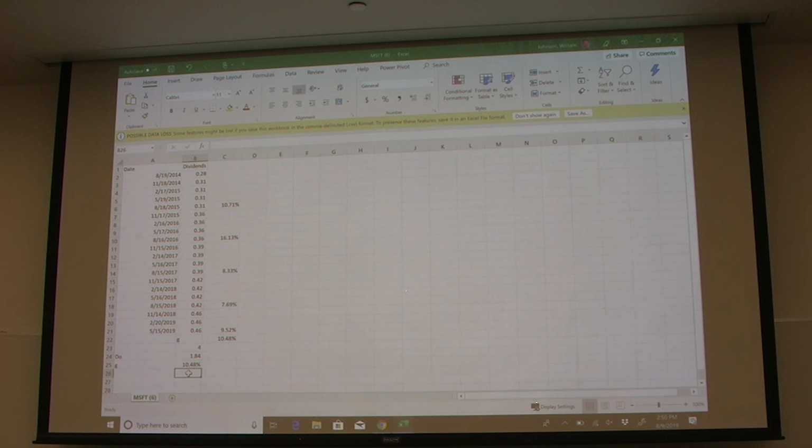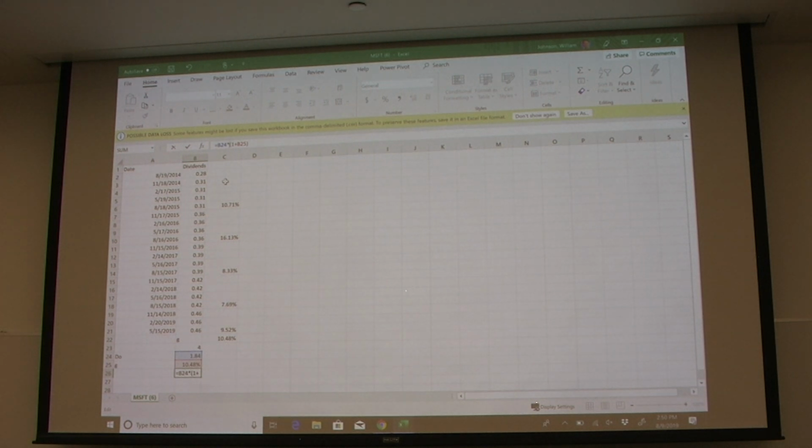We do that with an equal sign, take our current dividend, D sub 0, and use parentheses times 1 plus our growth rate. Let's see why that didn't work. We forgot to add the multiplication. Excel can be a little tricky, so we have to add our multiplication in front of the parentheses.